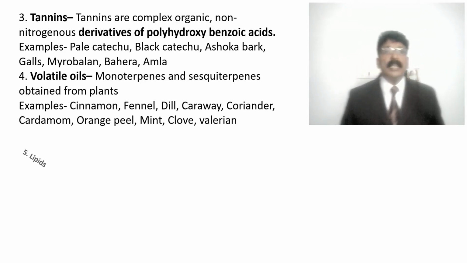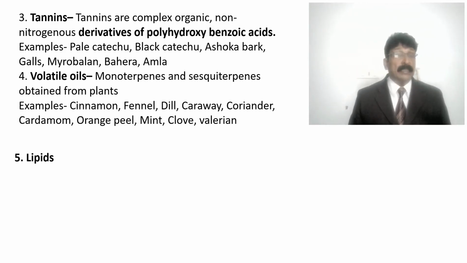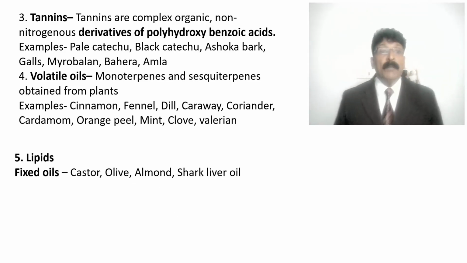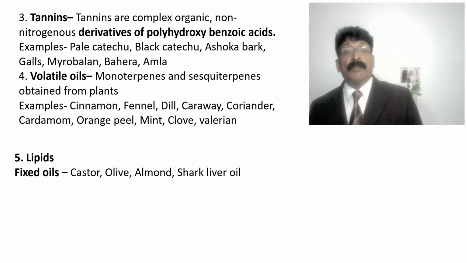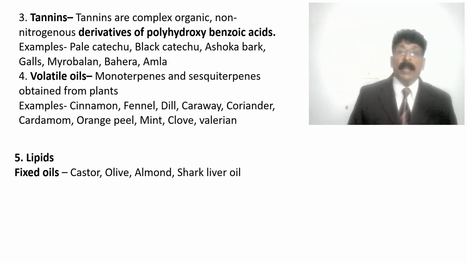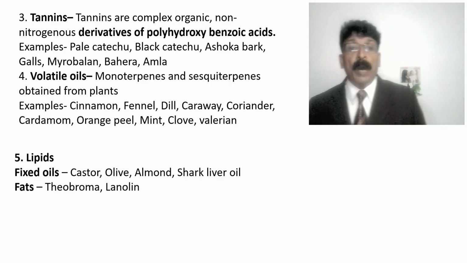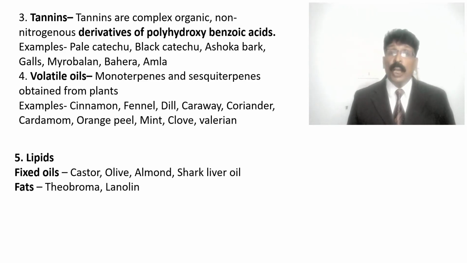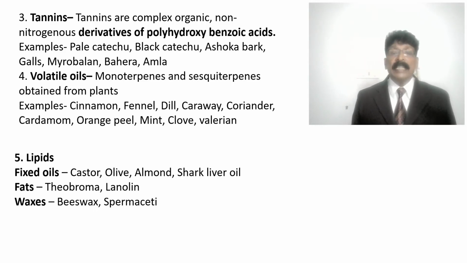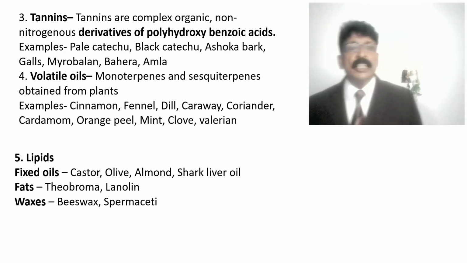And you can see the next class of the chemical classification, lipids. When you come to fixed oils, examples are castor, olive, almond, shark liver oil, and fats like theobroma and lanolin. And waxes, example: beeswax, spermaceti.